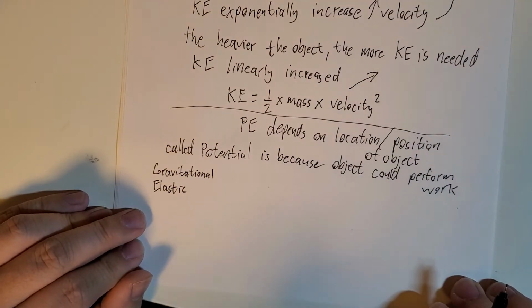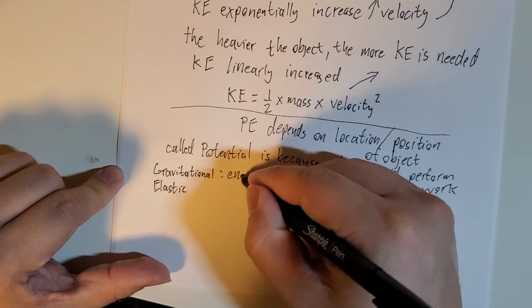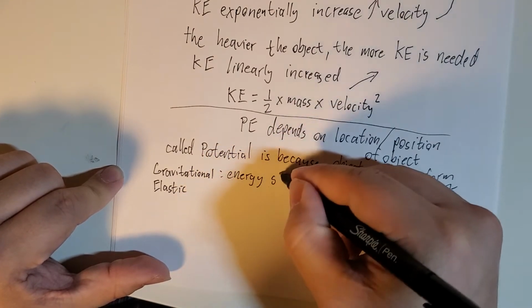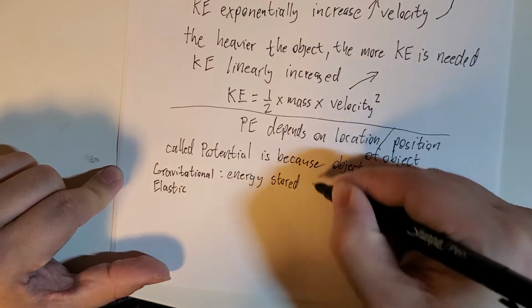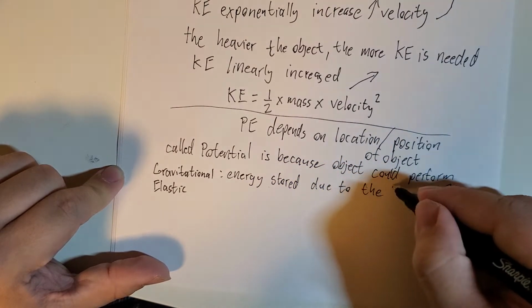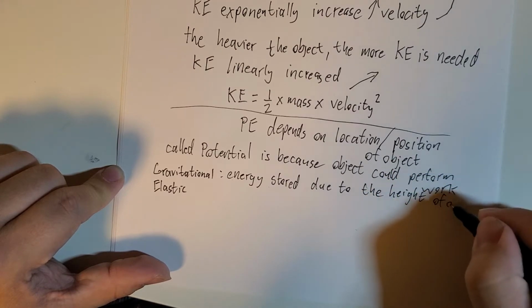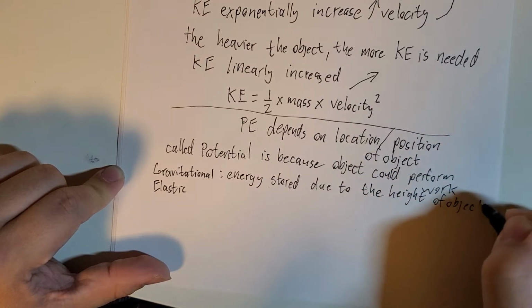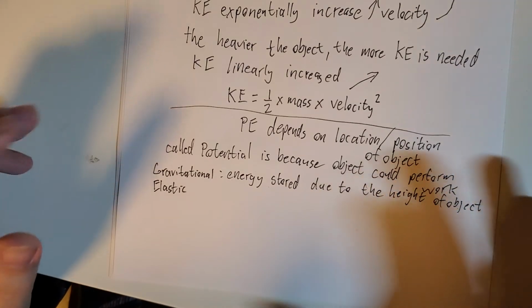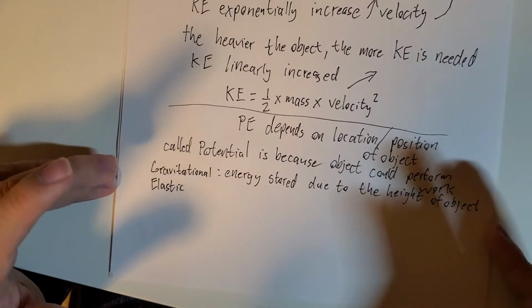Gravitational potential energy is energy that's stored due to the height of the object. The higher you hold an object, the further it will drop, the faster it will go.